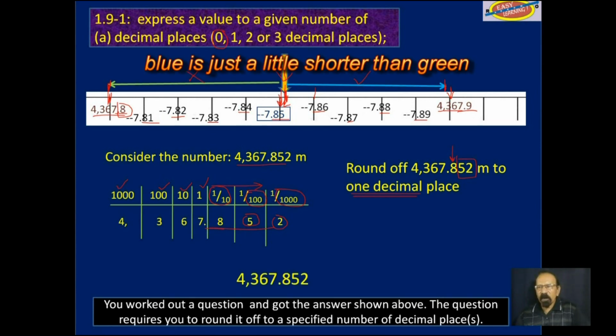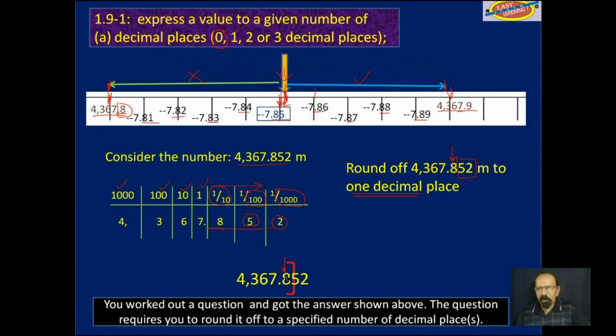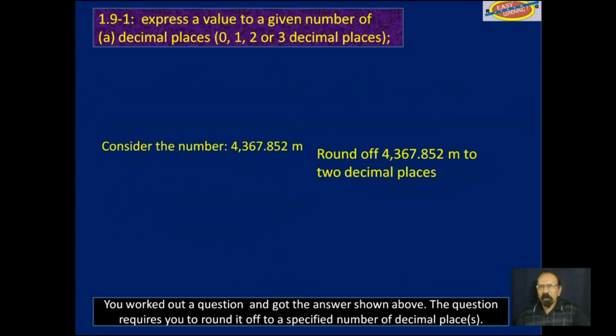So if we are rounding off 4,367.852 at this position here, at the 8th position, we look at the 2 digits on the right. If there are 5 or more, we will drop that and increase this digit by 1. And so we get 4,367.9 meters. Now we have that same number and we want to round off to 2 decimal places. That means after the point, you must have 2 digits.